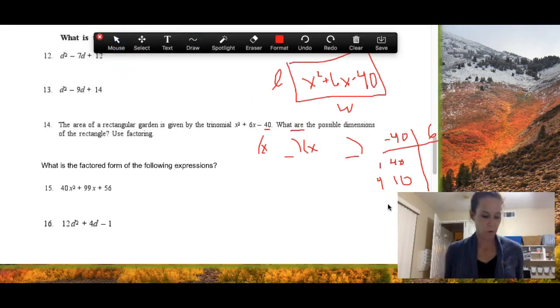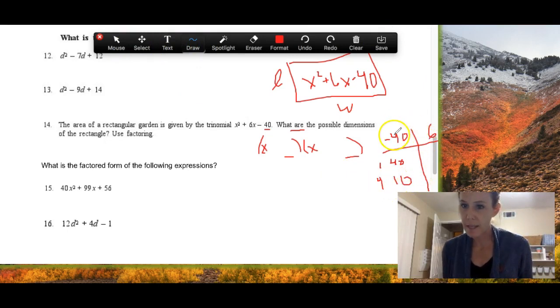What else makes 40? You could go 8 and 5. 8 and 5 aren't going to add up to make 6 though. 2 and 20 aren't going to add up to make 6. So I'm going to go with 4 and 10. That's going to be our best choice.